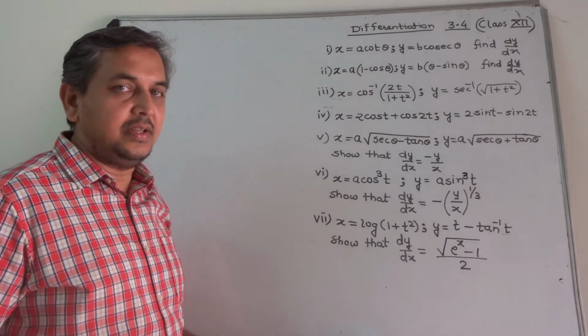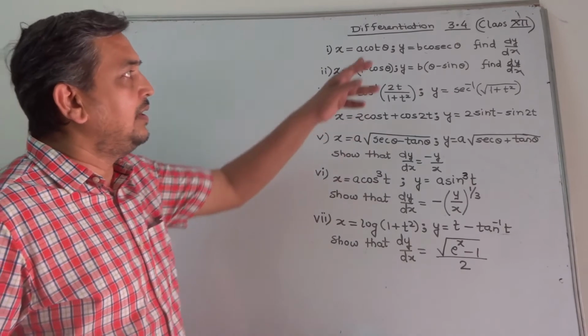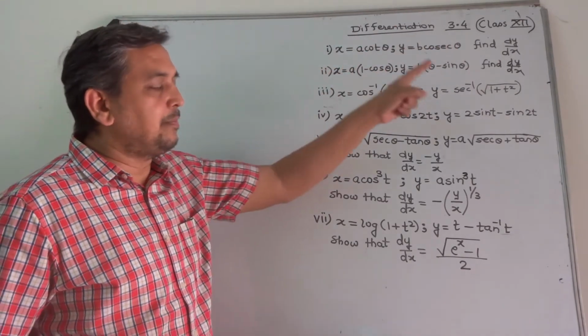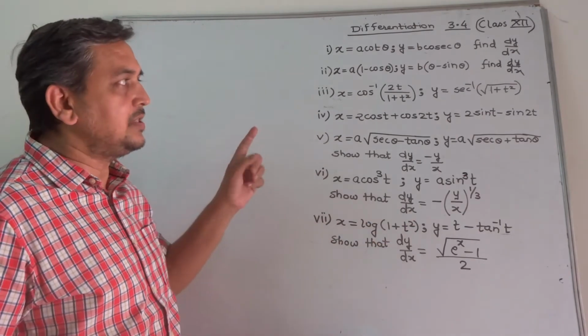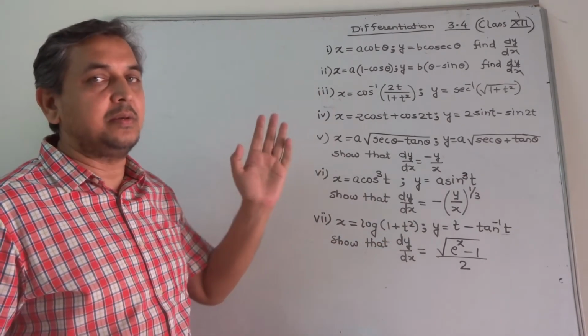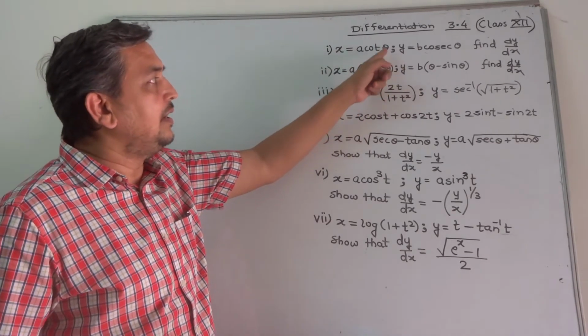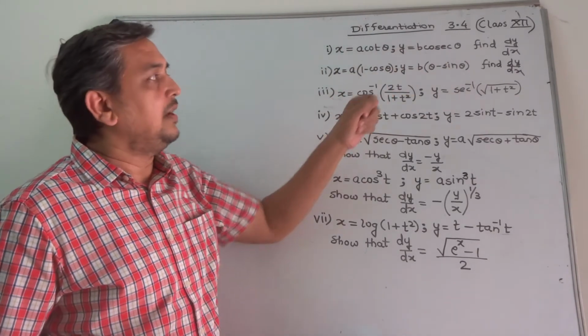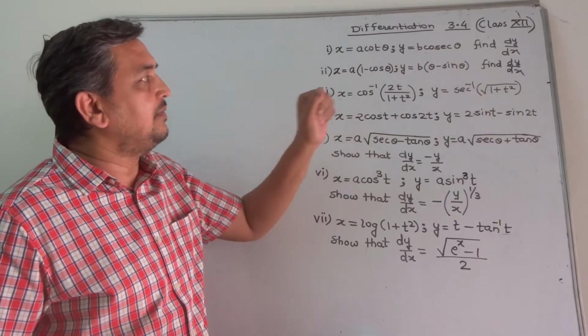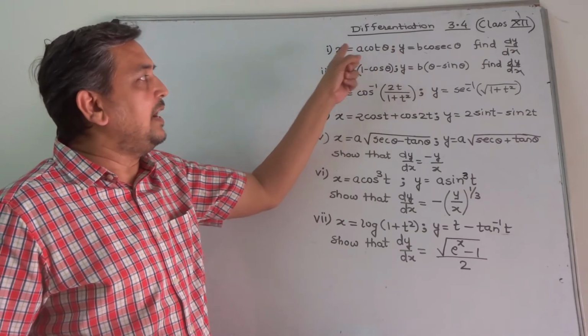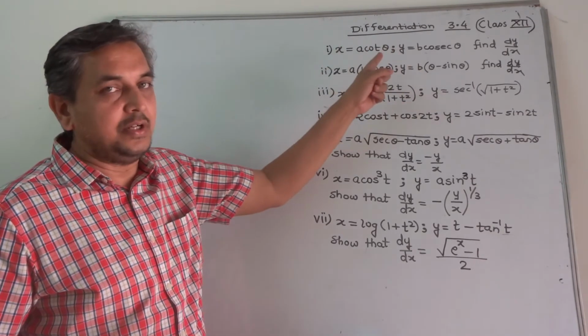Hello students, in this video we shall deal with differentiation exercise 3.4. These are parametric equations in terms of a parameter, some other variable, like here x and y are expressed in terms of theta and we want to find dy by dx. We see here y is not a function of x but y and x both are functions of theta.